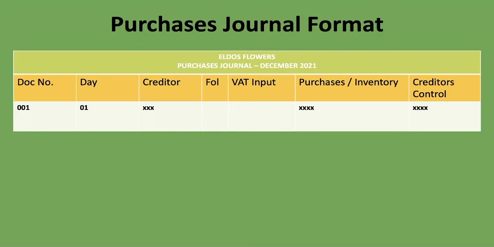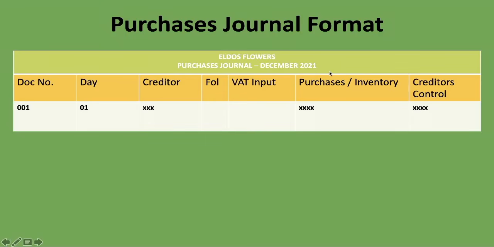And if you think about it, whenever we are buying merchandise or inventory on credit from our suppliers, we will have to pay them for those goods or for those inventory, including VAT. So if we are going to pay them including VAT and we are registered VAT vendors, we'll go to the revenue authority and claim back this VAT. That's why it's called VAT input, and VAT input is an asset. If you'd like to understand more about VAT input and VAT output, we have done a lesson specifically on that.